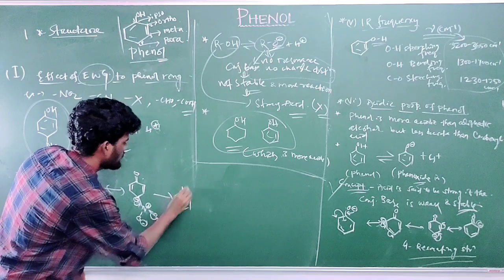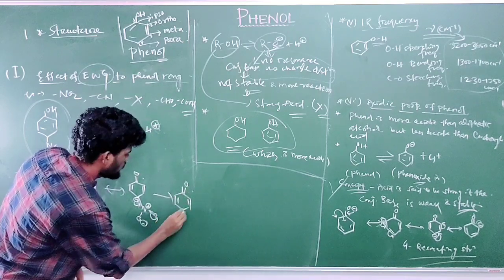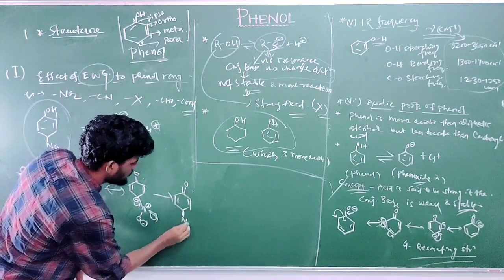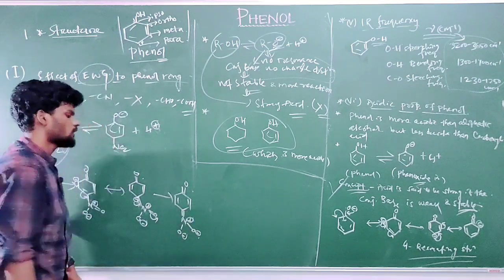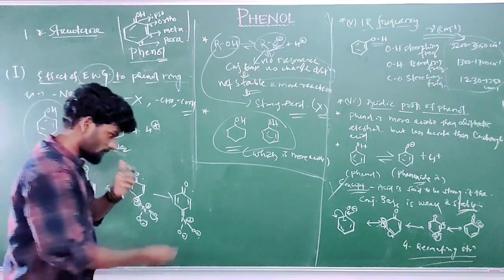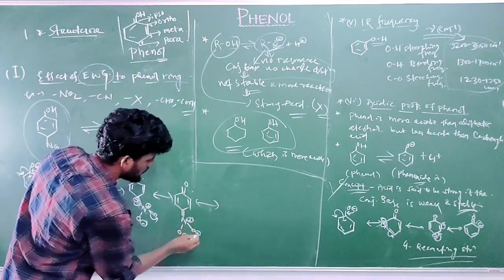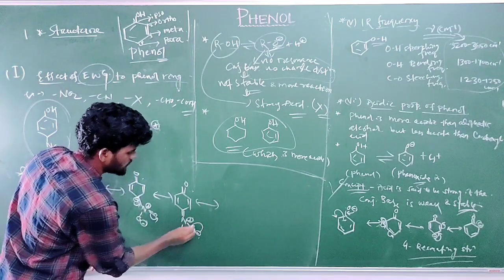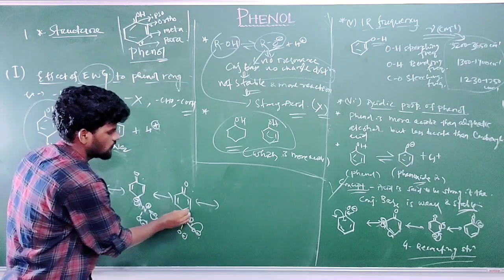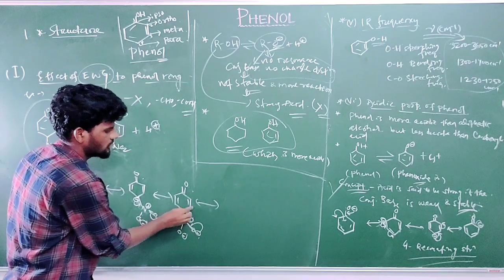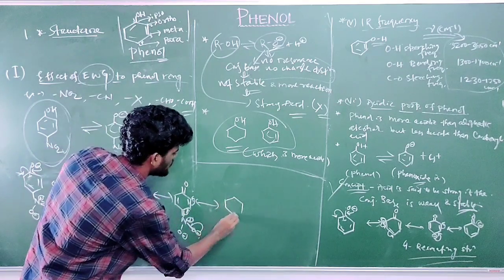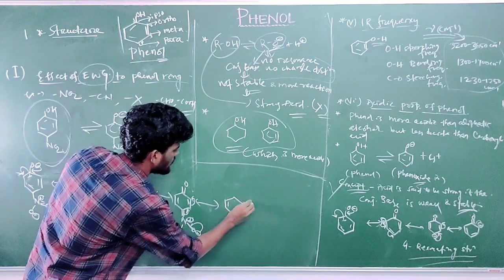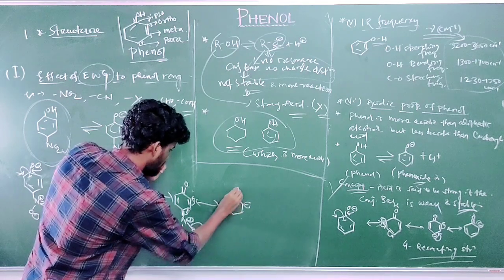What will it form? Double bond O, nitrogen, oxygen minus, with positive charge here. In the next step, in the next resonating structure, the O minus returns, this bond moves over to form a carbon single bond and the other bond moves to the ortho carbon. Just mark the arrow mechanism, and by practice you can understand.